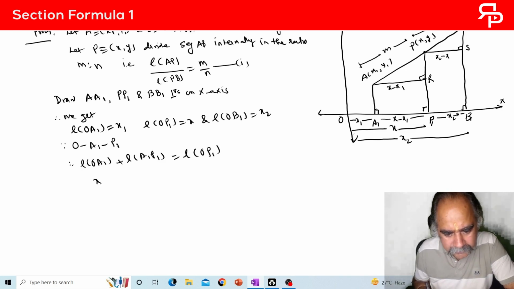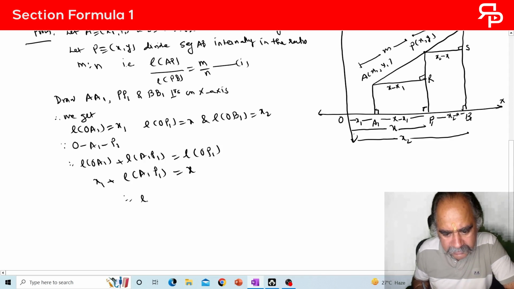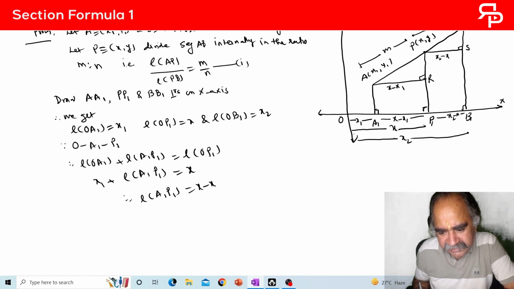Therefore, x1 plus length A1P1 is equal to x. So length A1P1 will be x minus x1.